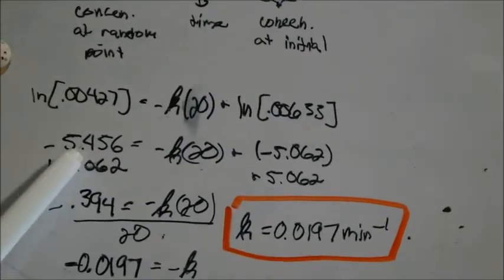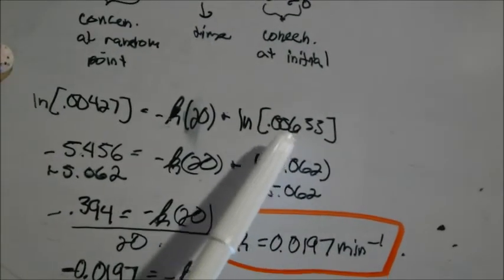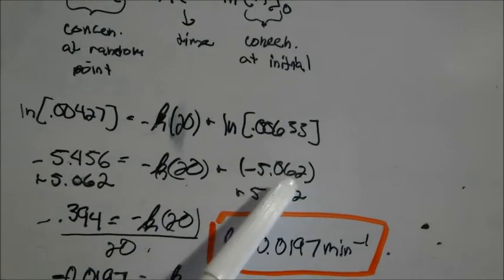The natural log of 0.00427 would be negative 5.456. And then the natural log of the initial concentration would be negative 5.062.